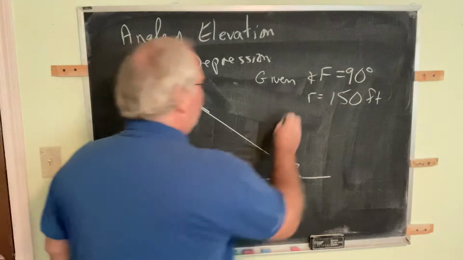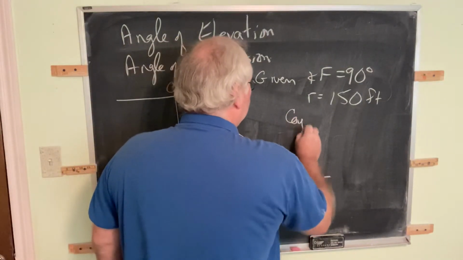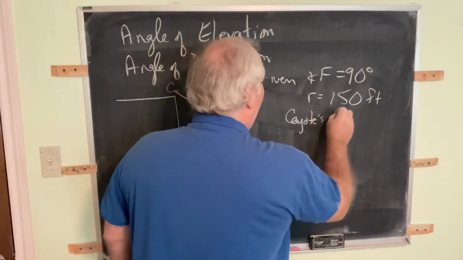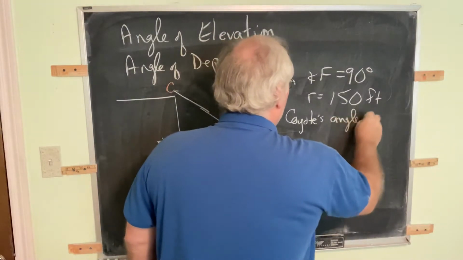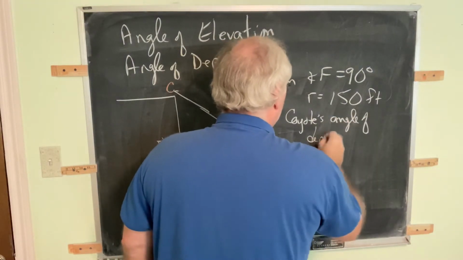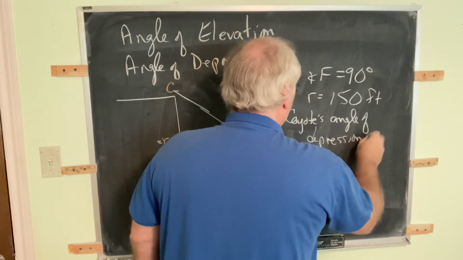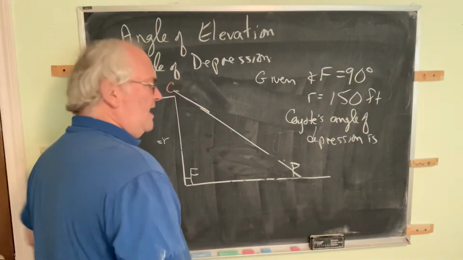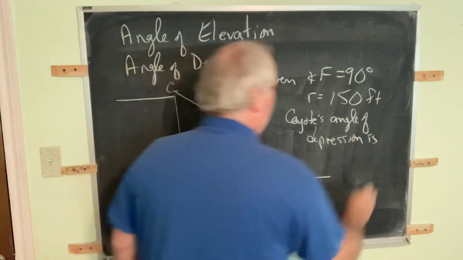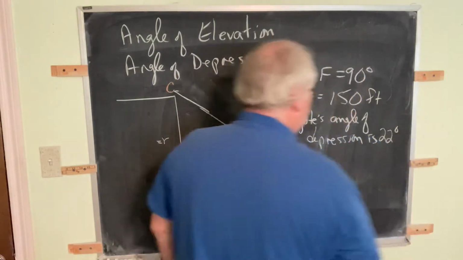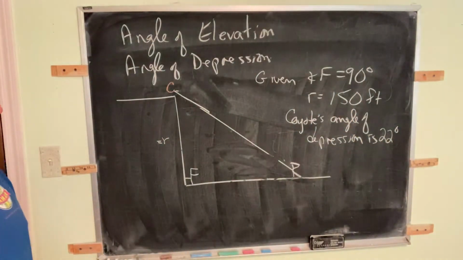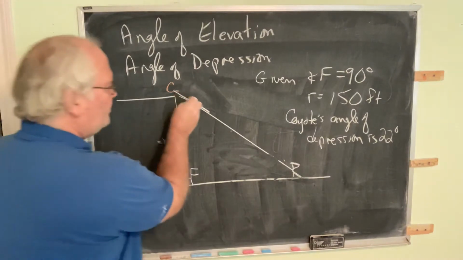And let's suppose we're given the coyote's angle of depression, and we can pick a number out of the blue sky. Let's suppose it's 22 degrees. Suppose the coyote's angle of depression is 22 degrees.